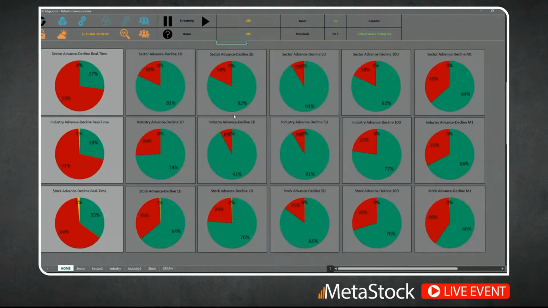Let's start with something I always like to look at every day. A very powerful graphical representation of sector, industry, stock, and advance-decline breadth, starting from 1 month to 10 days to 5 days to 2 days to 1 day. And then in real time.